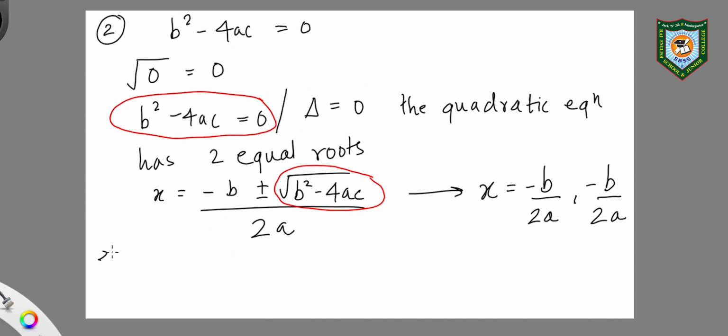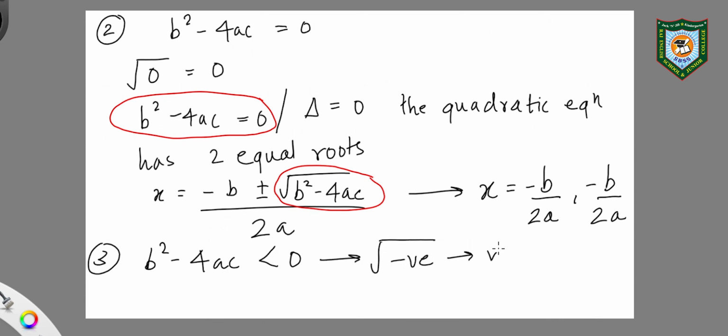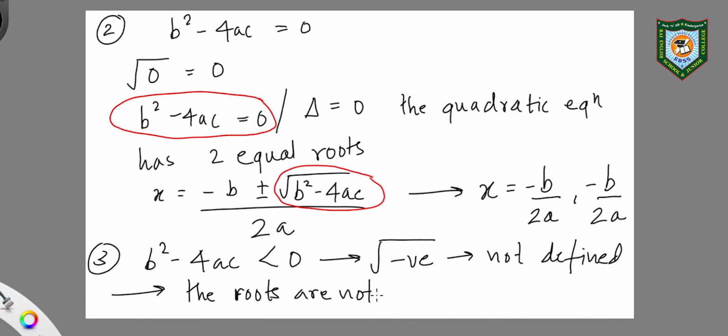Now we'll be seeing the third case. If b square minus 4ac is less than 0, that means the square root is negative and this is not defined. This implies that the roots are not real.